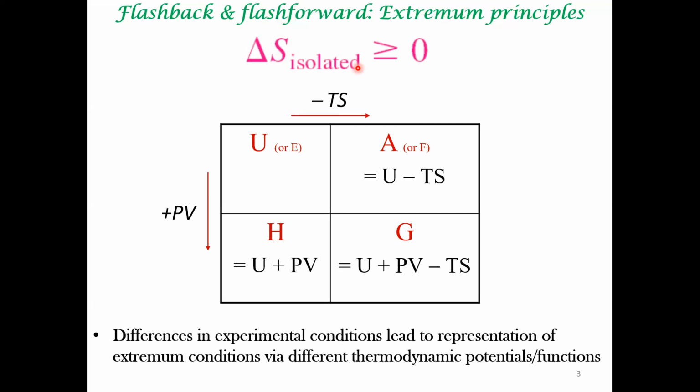So most of the real experiments are conducted under two conditions. It's easy to keep the total number of molecules constant. You can close the system. You can also keep the volume constant, if I have, let's say, a closed beaker. No molecules are allowed to escape or enter the system.